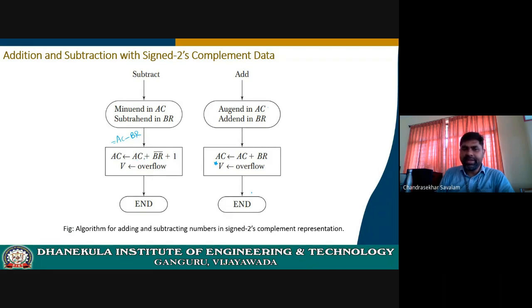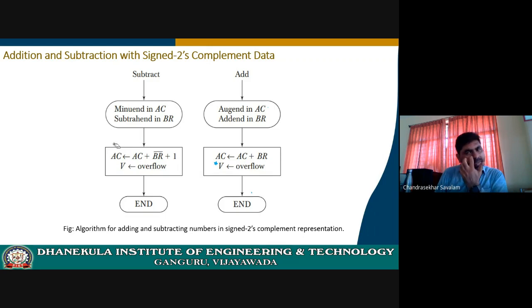Minus BR means taking the complement of BR plus 1. This 2's complement of BR is added to the minuend. After adding, the result is stored in the accumulator. If there is any overflow, the overflow bit must be set. Then end the operation.